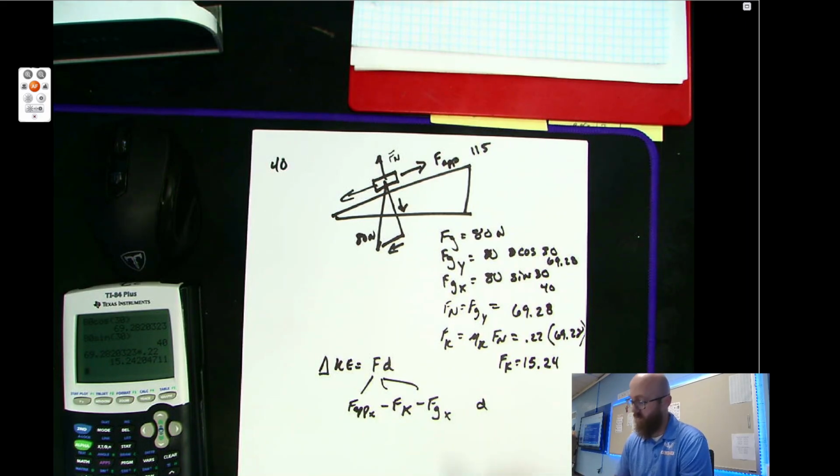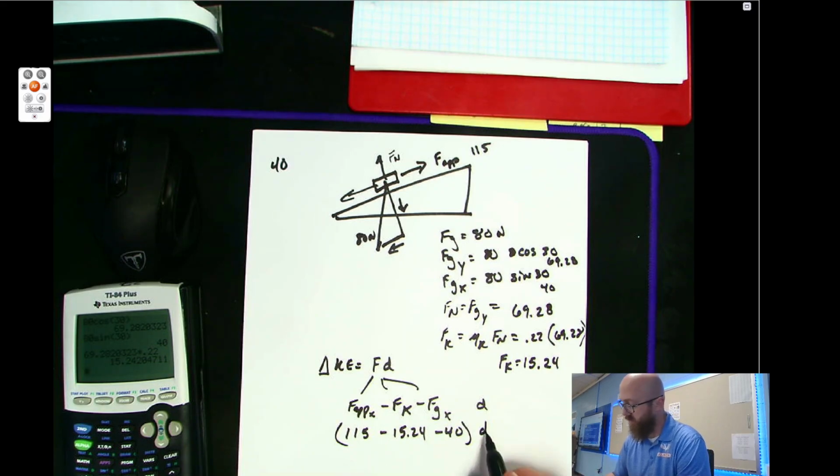That's fairly simple. So force applied is 115, minus F of K, which we found was 15, and then F of G of X, which is 40, times the distance, which was 20 meters.